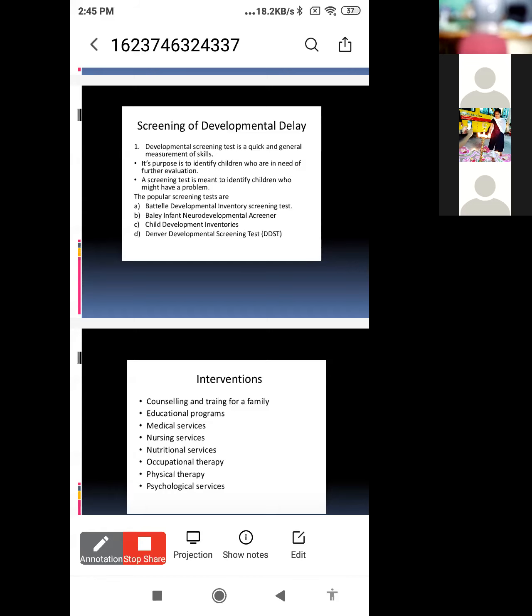The first stage is identification by observing infants and children: how they behave, what skills they have, and how their body growth and development are progressing. All this we can observe in the developmental inventory screening test, which assesses infants and children.